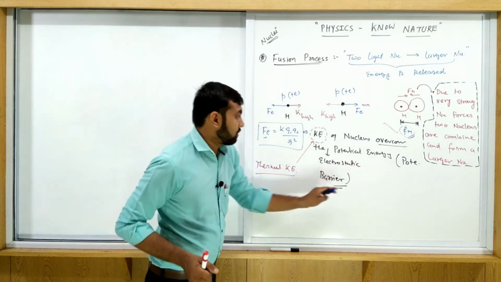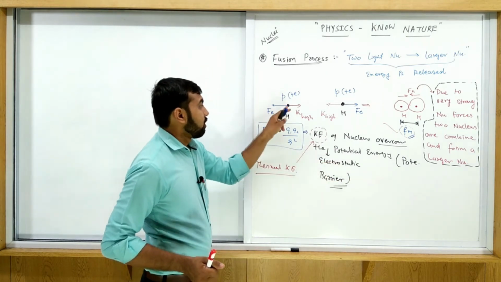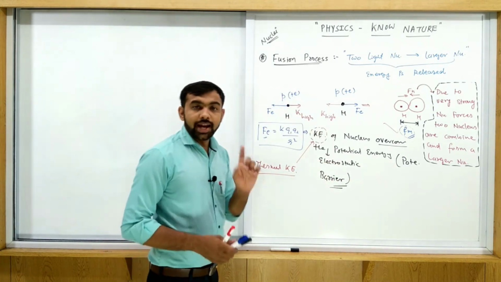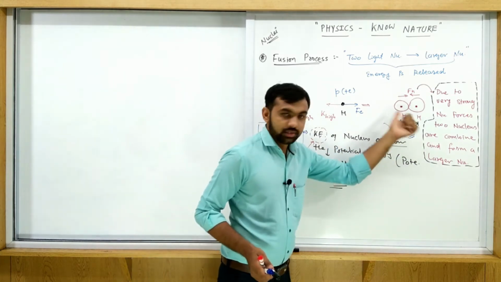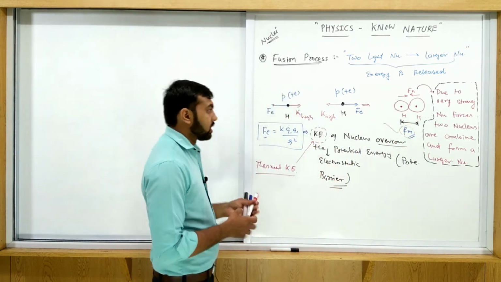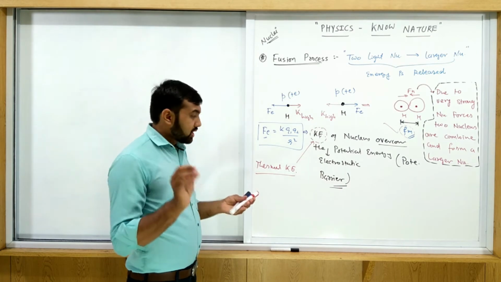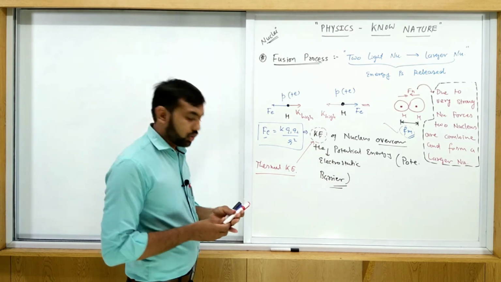Now what is a potential barrier? It means the electrostatic potential energy when both the protons are at 1 femtometer, in the range of a femtometer. Let's consider its value is approximately 400 kilo electron volt.